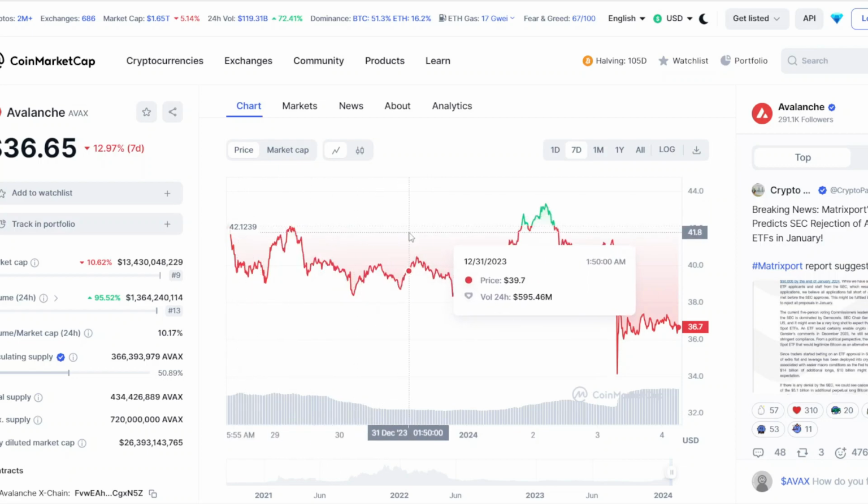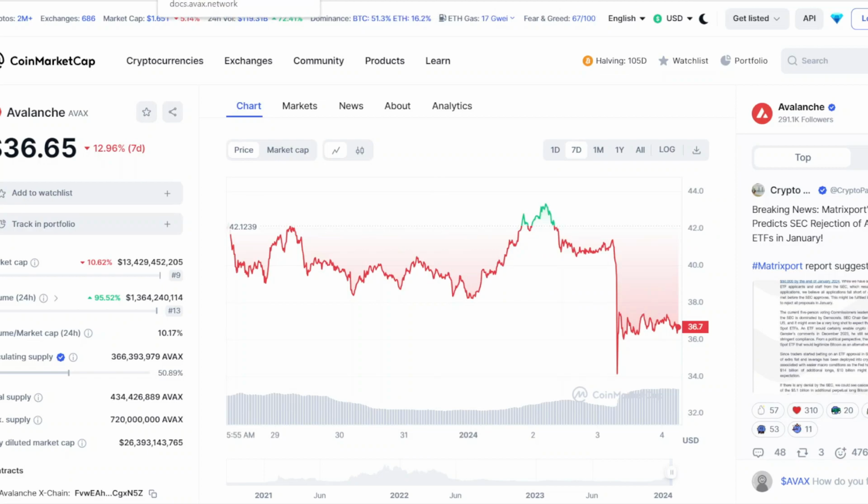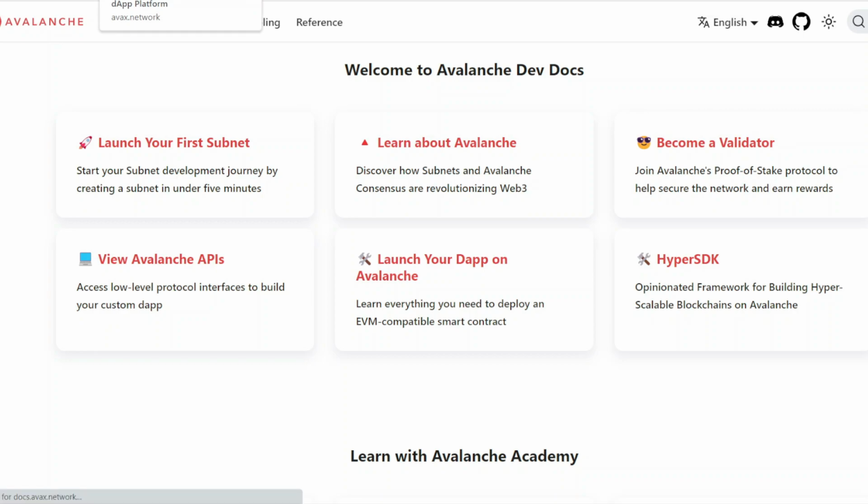We were seeing some transactions, but it wasn't a high volume as far as quantity. It was a high volume as far as quality.